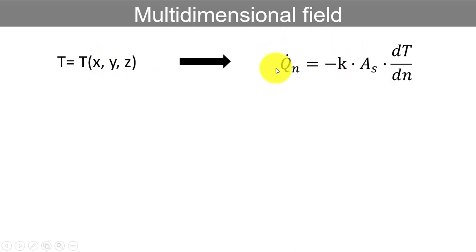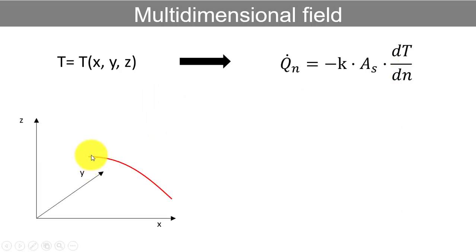The more general expression of the heat transfer for this case is also minus the conductivity times the surface multiplied by the differential of the temperature with respect to n, and n is the perpendicular direction to the isothermal lines. If we draw here these isothermal lines, we can draw the heat conduction as something that is perpendicular. Here we will have 90 degrees.